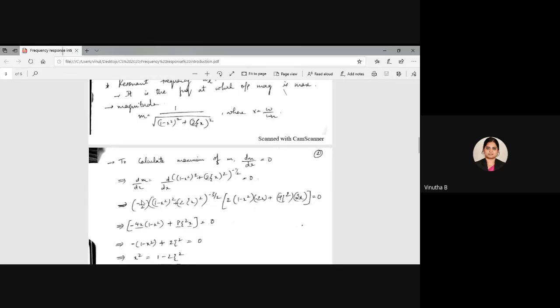So if I take this term this side, that means 0 divided by this, so that will just be 0, so you'll be left out only with this term, and then multiply that, so it will be minus 4x into 1 minus x square plus 8 zeta square into x, which is equal to 0. Then what is that you can do? You can take out 4x as common.